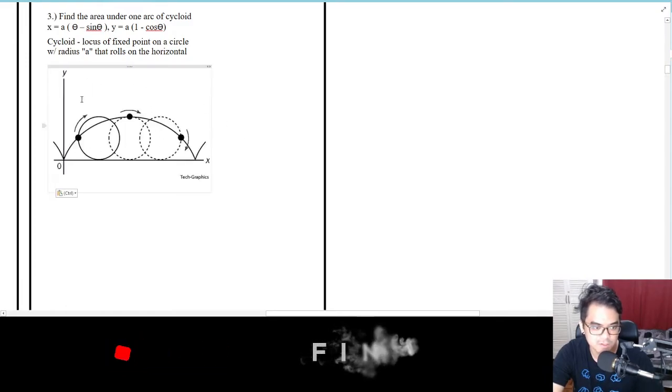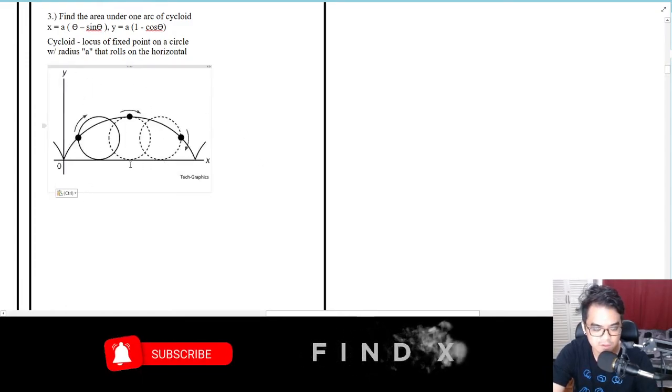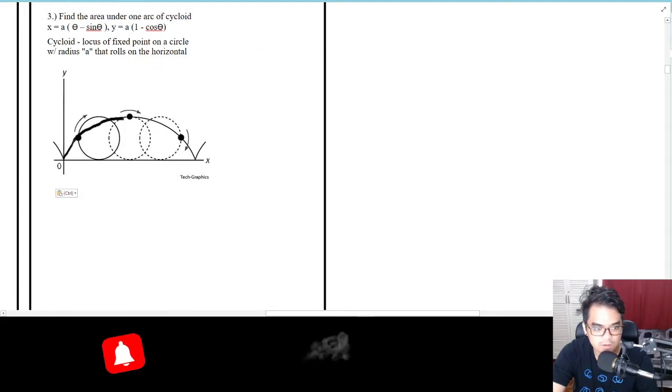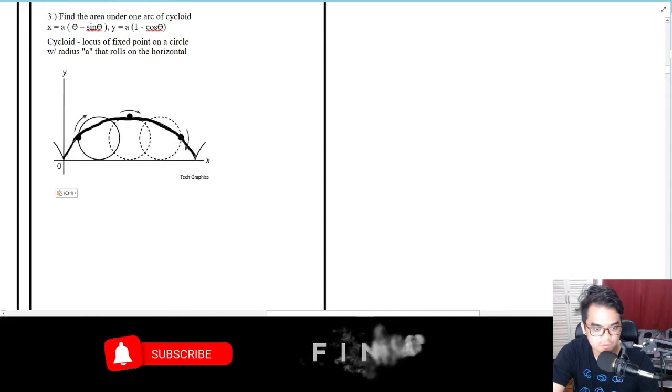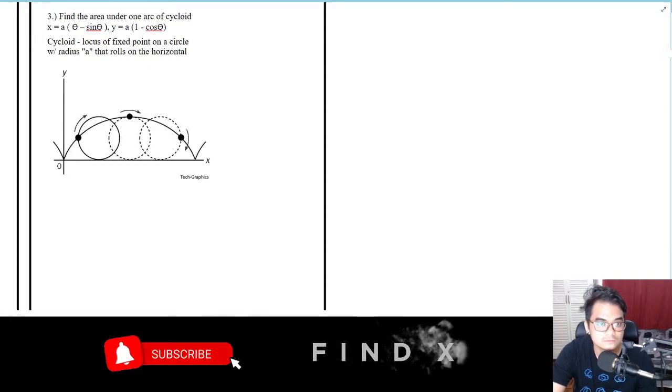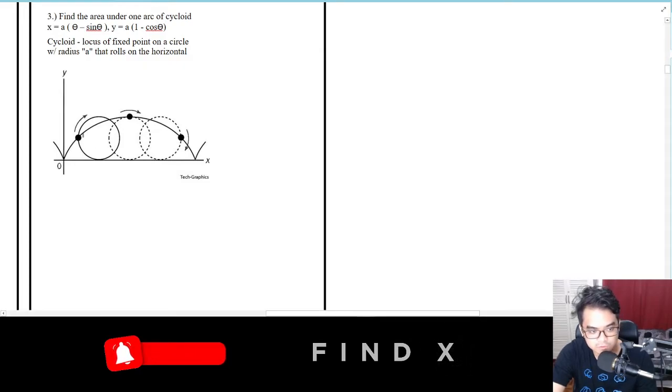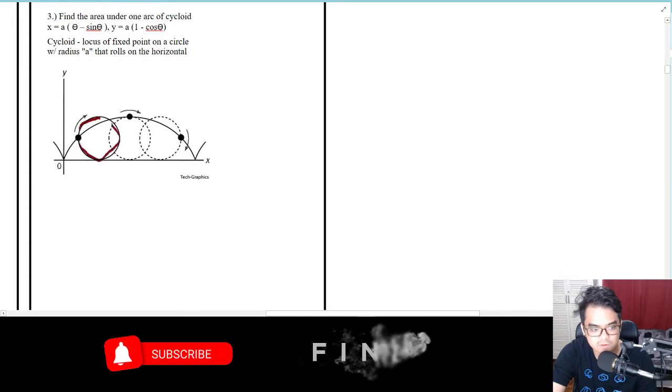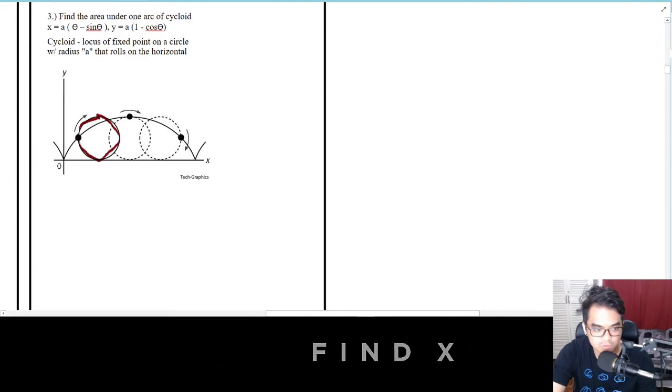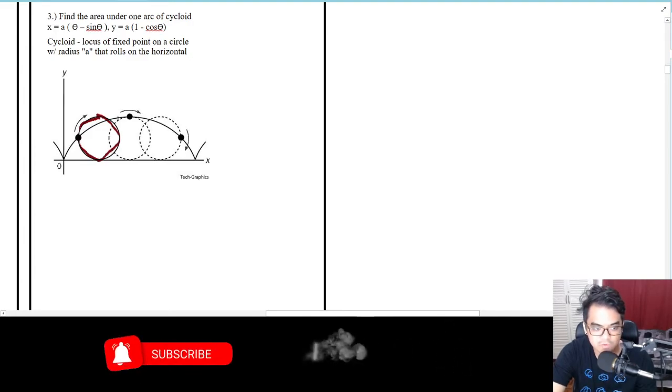As you can see, we have here the x and y axis, and this is actually the cycloid. Let me just change the color of the font. What happens here is, this circle rolls, and this dot will just remain on the circumference of the circle.